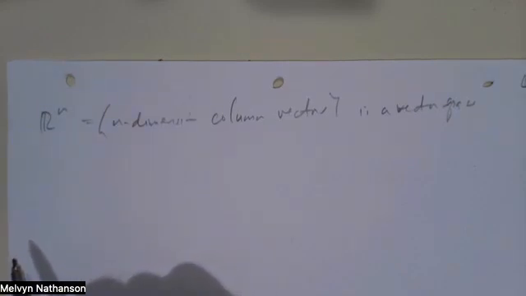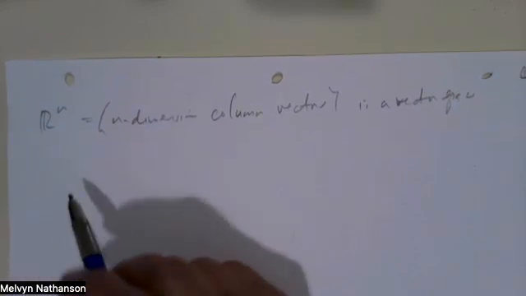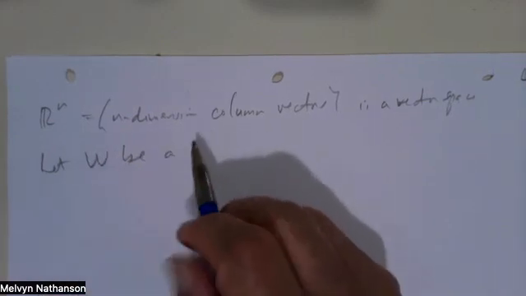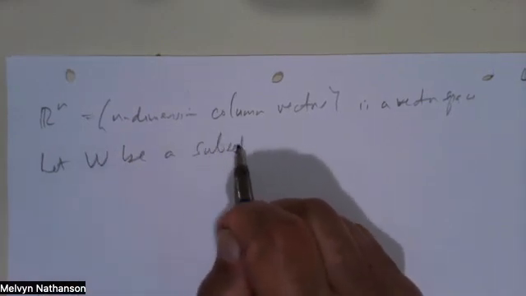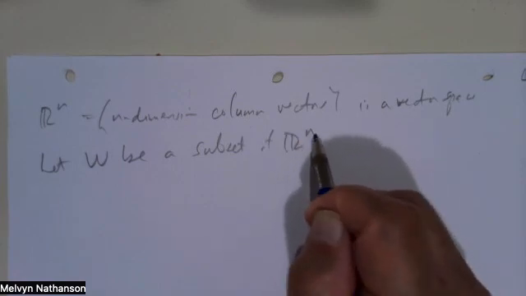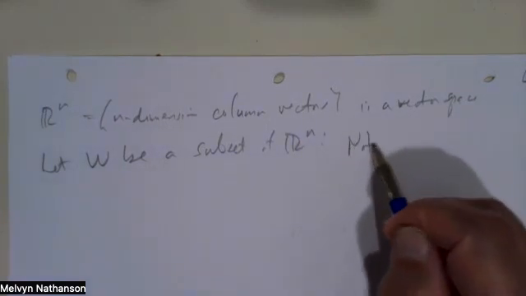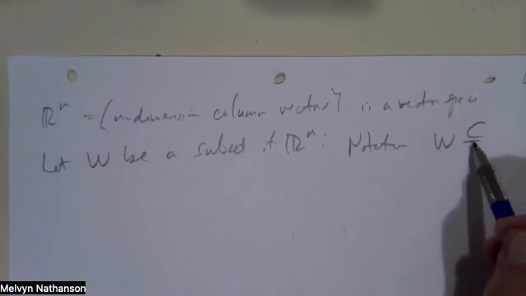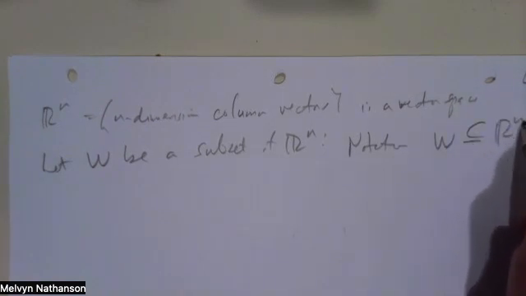So you should be familiar with the language of sets and subsets. So let W be a subset of Rn. So the notation is simply W, this means is a subset of or is contained in Rn.